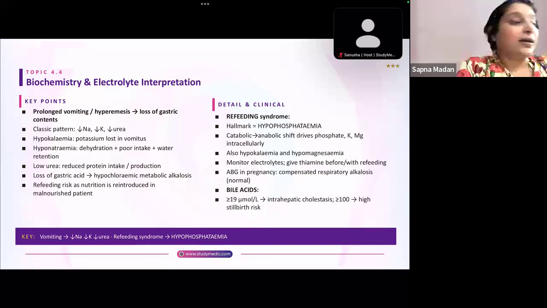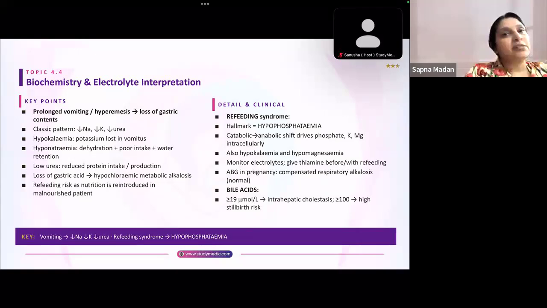So when we say the potassium is going out, we feel if it is hypokalemia, it will be hypernatremia, but it is not so. In hyperemesis gravidarum, the classic pattern is low sodium, low potassium, and low urea. So hypokalemia is present because the potassium is lost in the vomitus, in the gastric contents.